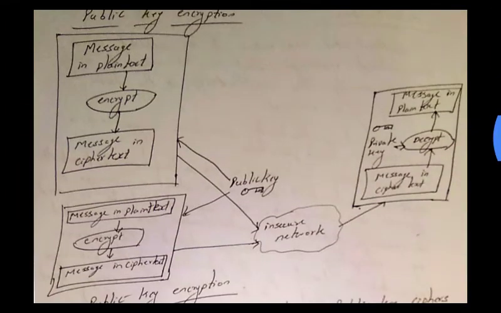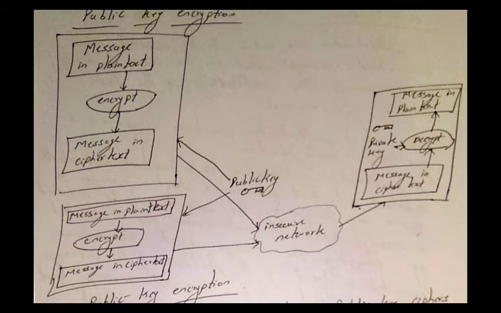Is it clear? Now just see the public key encryption here. The plain text message is converted into ciphertext using one of the encryption algorithms, along with the key, that is the public key. In this diagram you see two different users encrypting the message using the public key which is available.